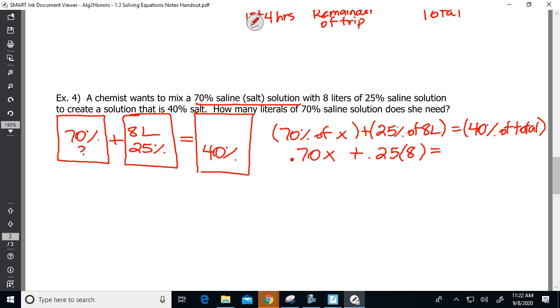So 40% we know, 0.40. The total we don't know all the way. We know that we have x amount of 70% and 8 liters of something else. So the total amount would be x plus 8. And that's the equation that you would end up solving.